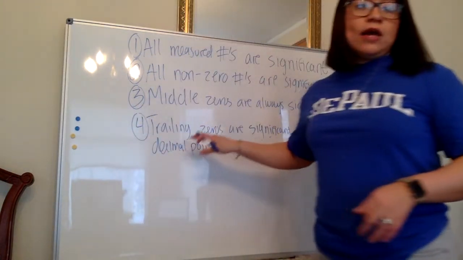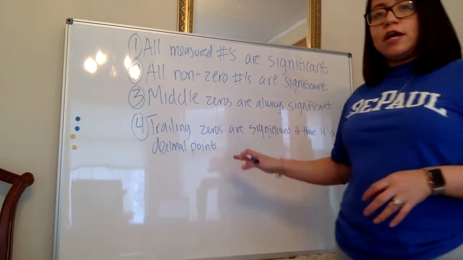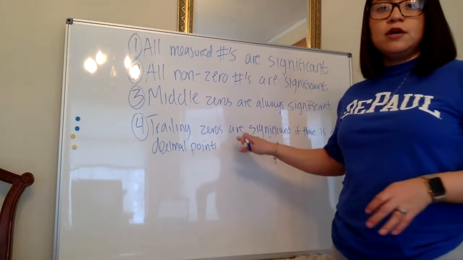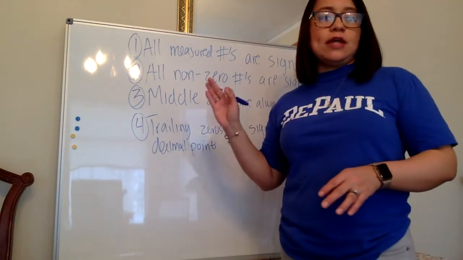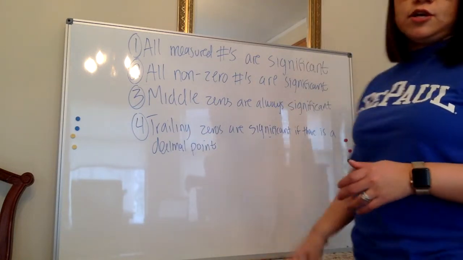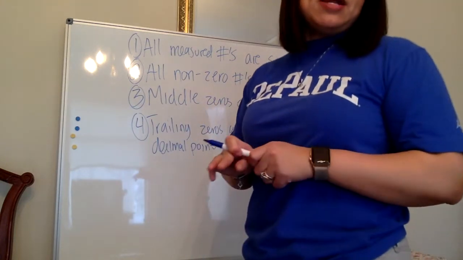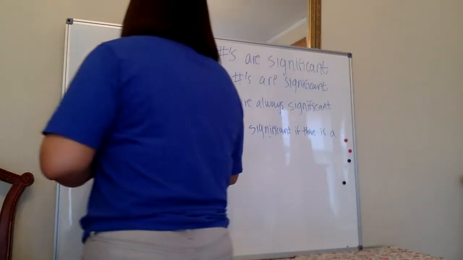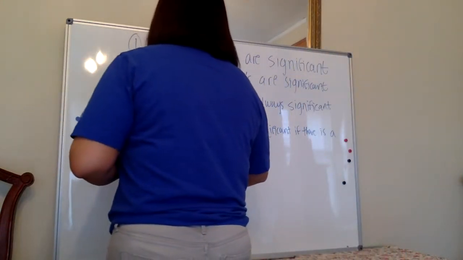So in any way that you see a decimal point in your answer or in your calculator, and there's a trailing zero and there's a decimal place, that is significant. We will obviously look at examples of this. And last but not least, leading zeros are never significant.